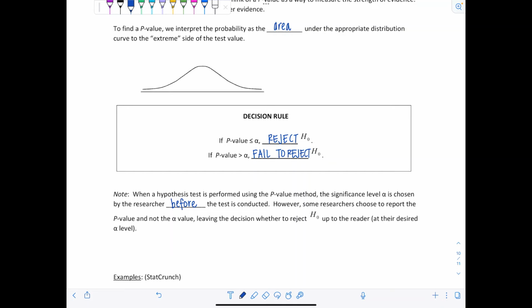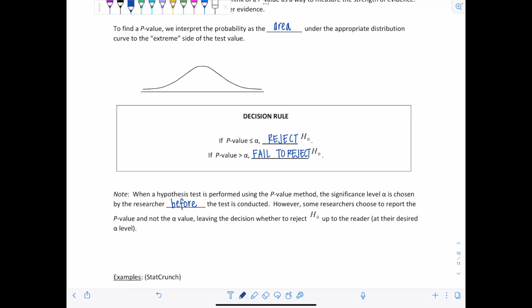And you might start noticing this now. I don't know if you read any research studies, but they'll tell you what the p-value is. And then you can see, oh, would we reject the null or fail to reject the null depending on what different alphas are, right? Because you set the alpha. If that's going to change the decision, maybe you want to set it differently, depending on the context of whatever the research is, okay? So let's get into an example.